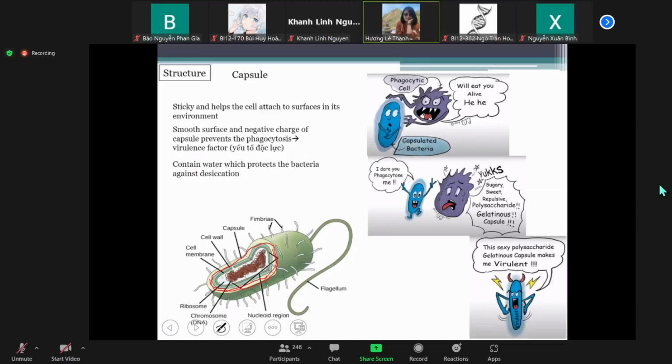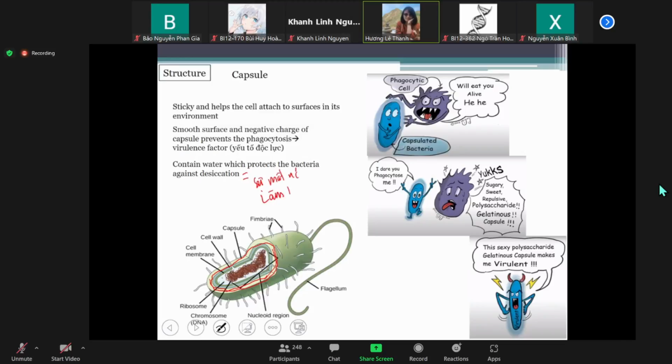If a kind of bacteria has a sticky capsule, it will protect them against desiccation, drying out.